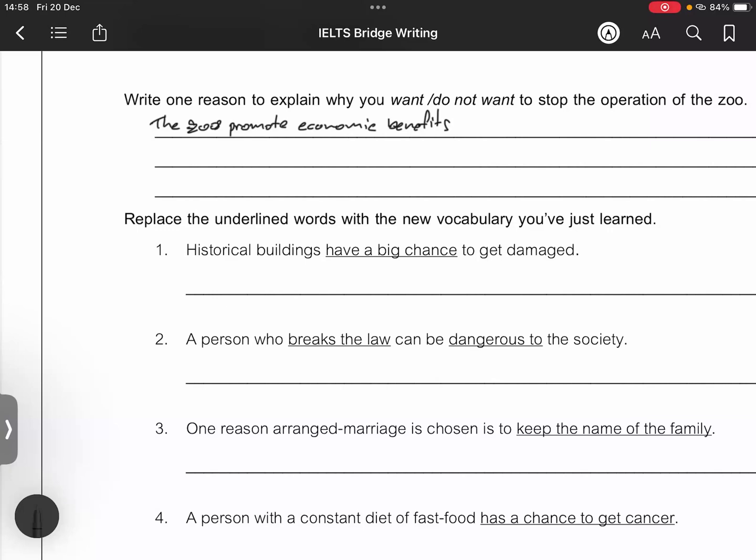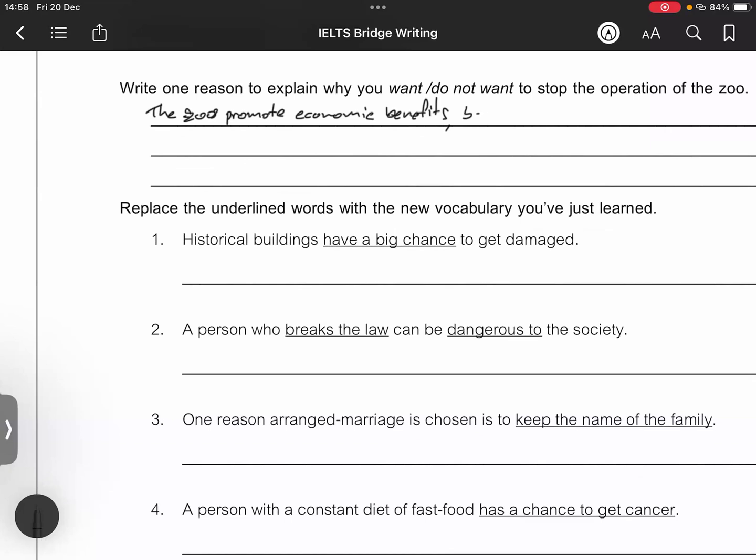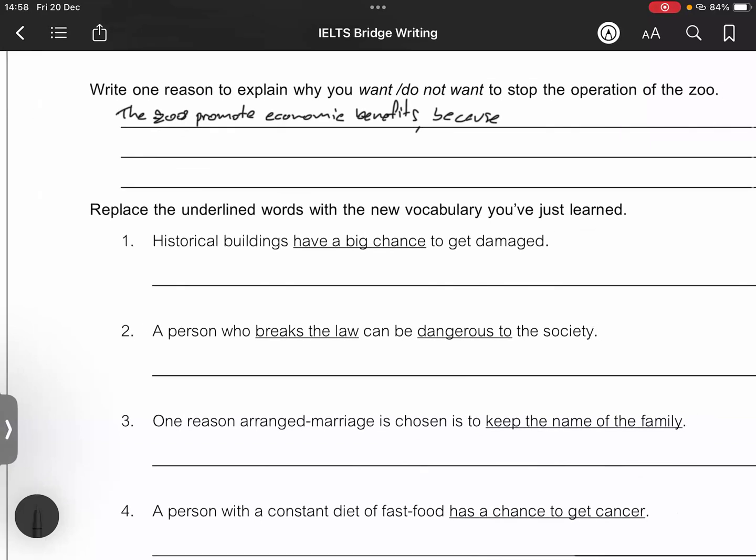Well, because they create jobs and attract tourism, which contribute to the local economy.